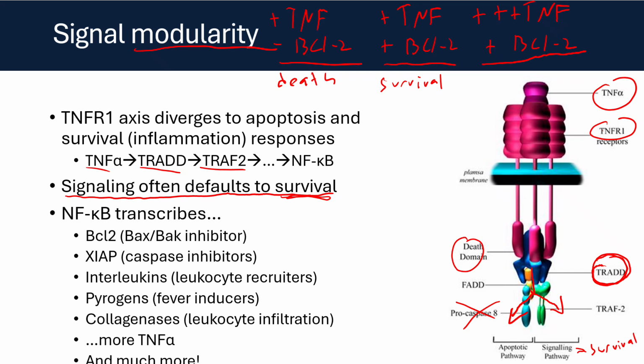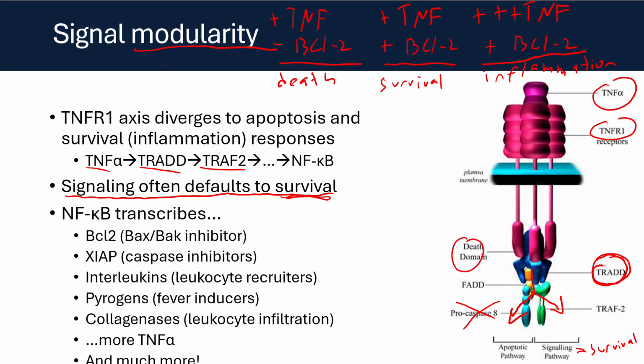We see this happen in a number of inflammatory diseases and cancers, and the result of that is not just survival, but inflammation. We're not just going to survive, we're going to fight. And what does fighting look like?